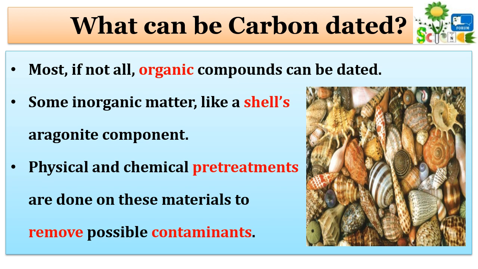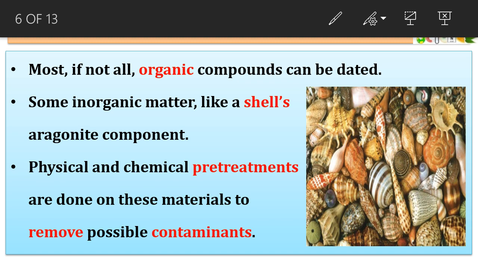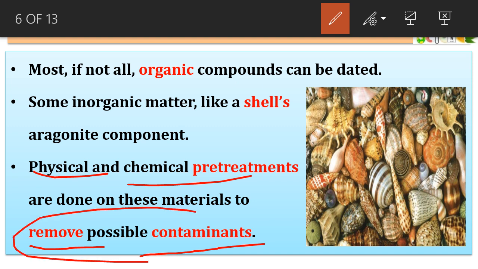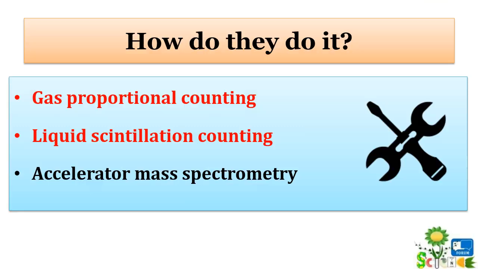Before processing any sample for carbon dating, it needs to be physically and chemically treated for removing possible contaminants, because as we want to know the age of fossils or living matter, we need only the carbon present in the living matter, not in its surroundings. So it is necessary to remove the contaminants from the surroundings.